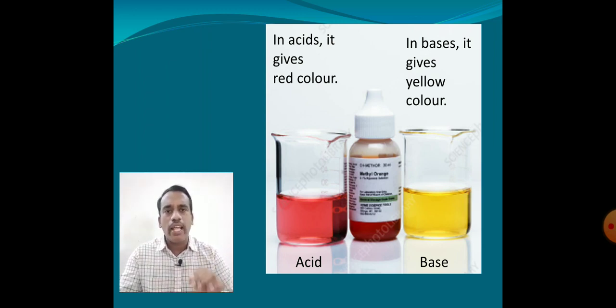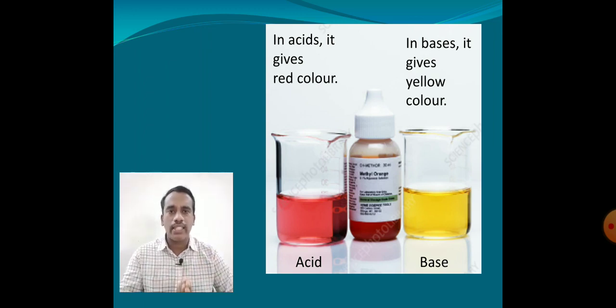Now some of us will have a doubt, what is the basic color of methyl orange? It has a reddish orange color. But in the acidic medium, it appears completely as a red color solution.